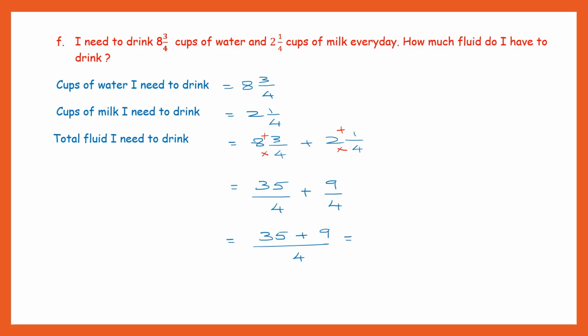When you add up 35 plus 9, you get 44. 44 by 4. And when you divide this, you get 4 elevens are 44. So the answer is 11. That means the total fluid I need to drink is 11 cups. So I need to have 11 cups of fluid every day.